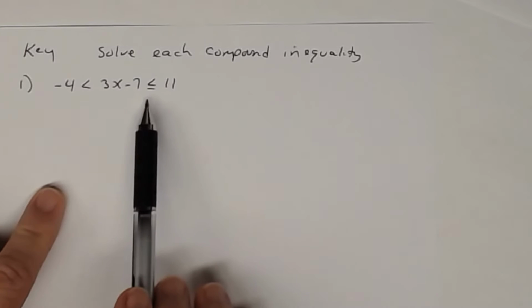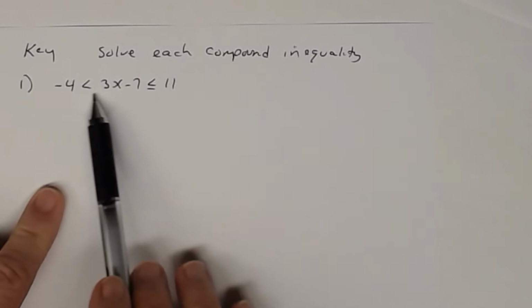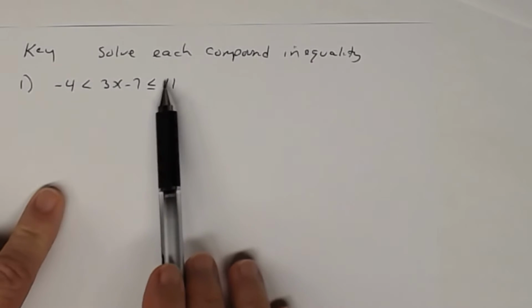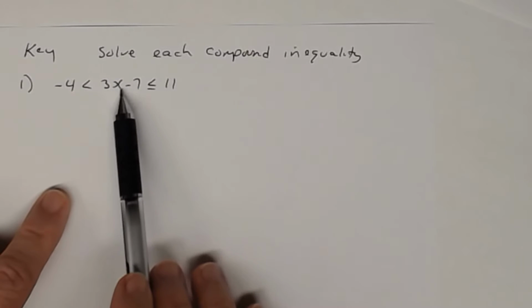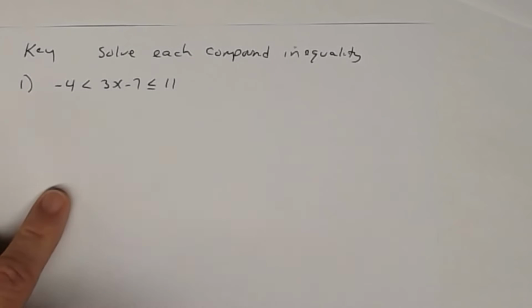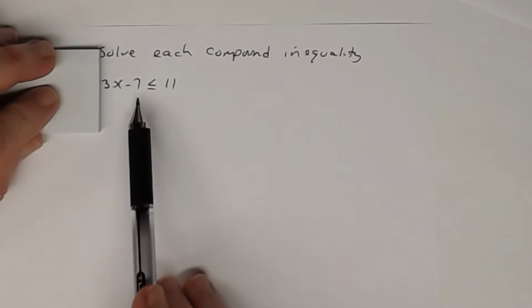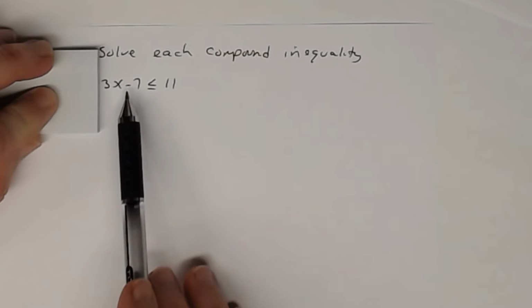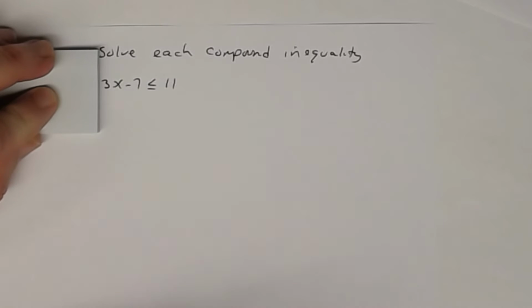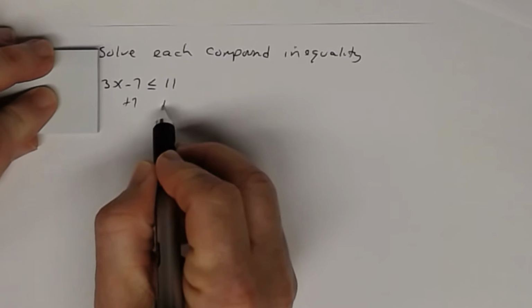The best way of solving this compound inequality is to get the variable x in the middle by itself. That's the easiest way to do that. If this was not a compound inequality, but just a simple linear inequality, you would go ahead and add 7 to both sides, right?